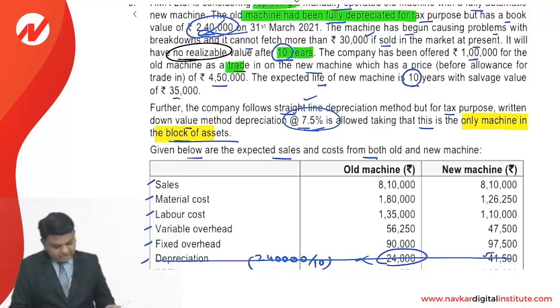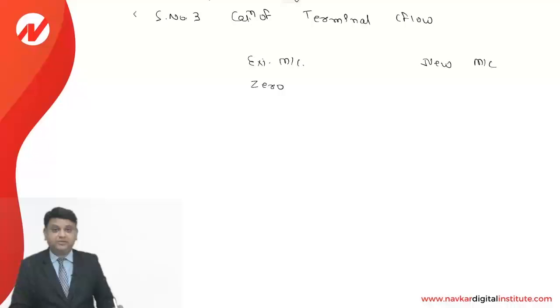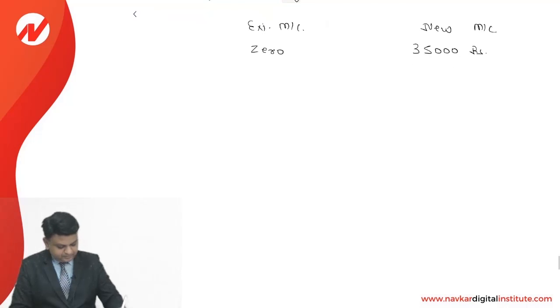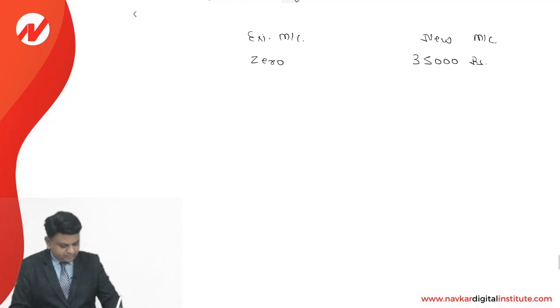And for the new machinery, an amount of rupees 35,000 is provided. We do not have to make the calculation of the capital gain tax. So it is 35,000 rupees, at year 10 end.